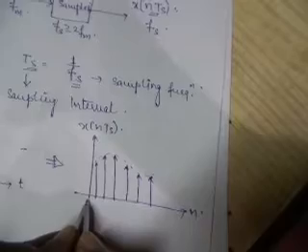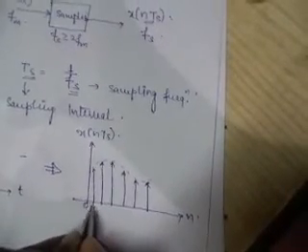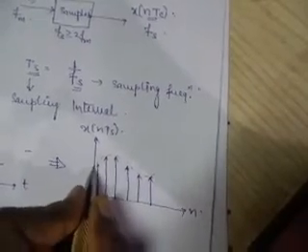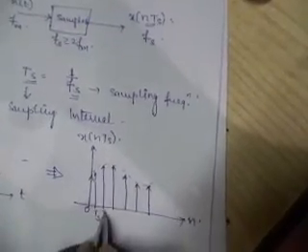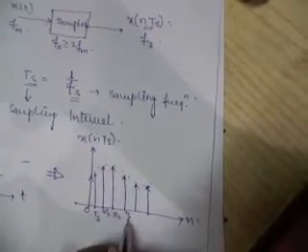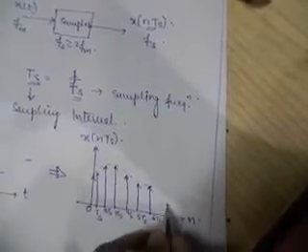That is, if the frequency is Fs, then time period will be Ts. First sample is at 0, then next will be at Ts, then at 2Ts, 3Ts, 4Ts, 5Ts, 6Ts, and so on.